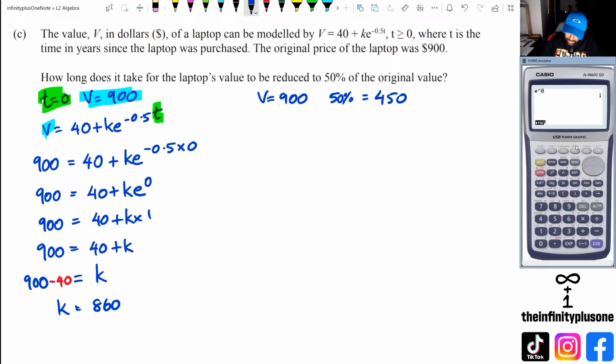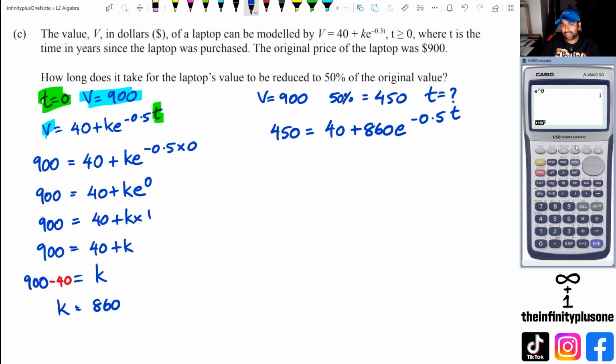So we put in 450 equals 40 plus k, which we figured out was 860, e to the power of negative 0.5t. Right now we're trying to figure out what t is when V is equal to 450, because that's half the value.